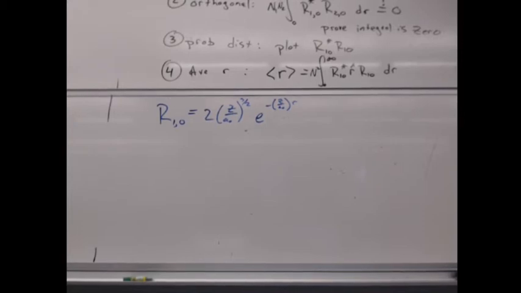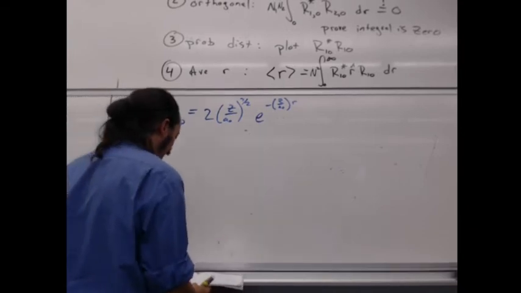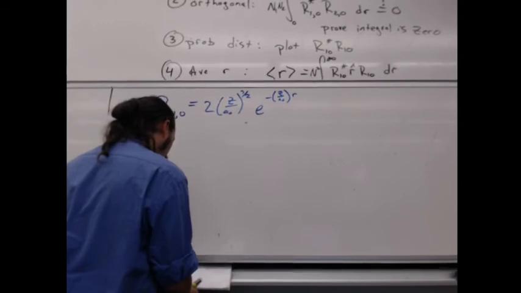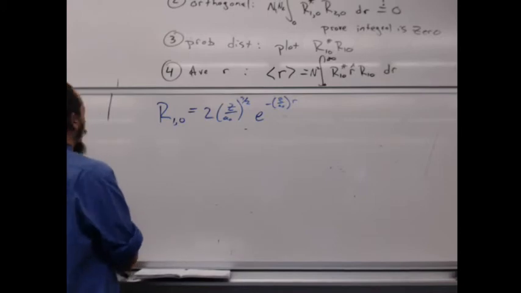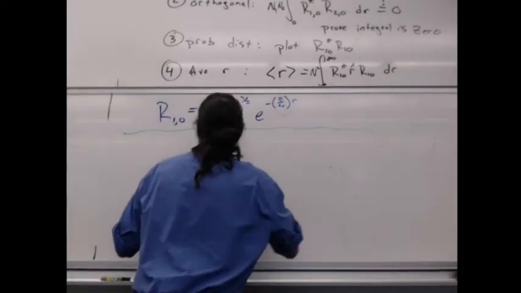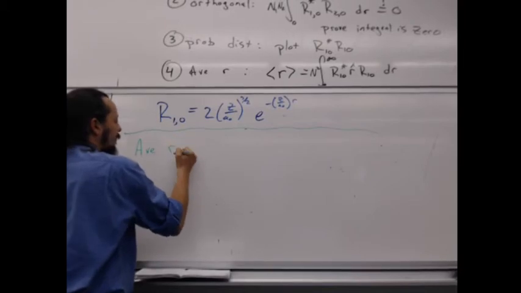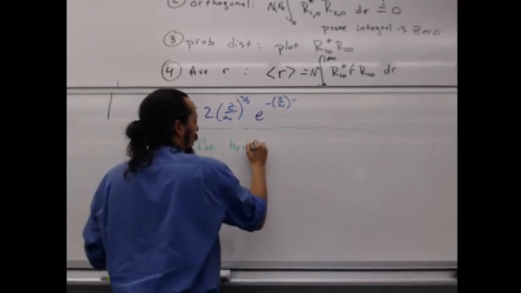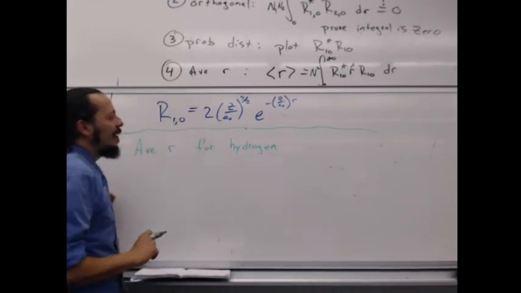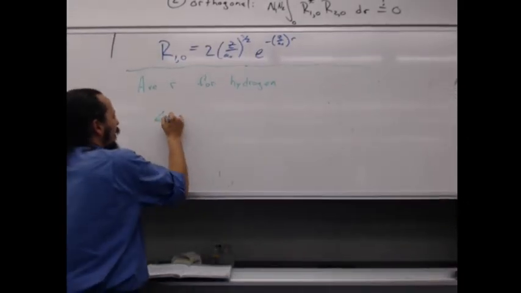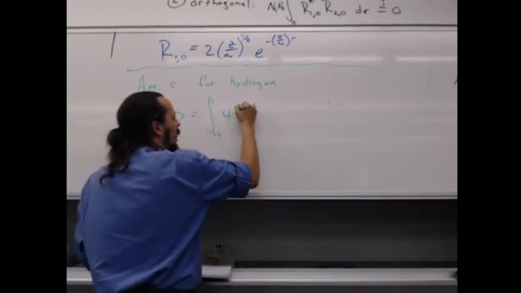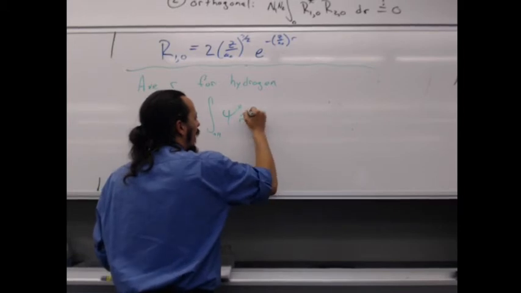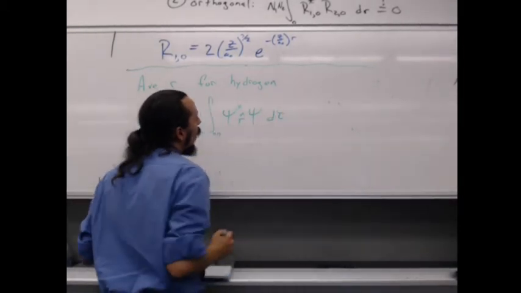Let's see here. This is the integral I want to do. Before I talk about doing this integral, I actually want to do this integral not just for the R part. If I wanted to know the actual average R for hydrogen, I would be looking at the integral over all space psi star r hat psi d tau.